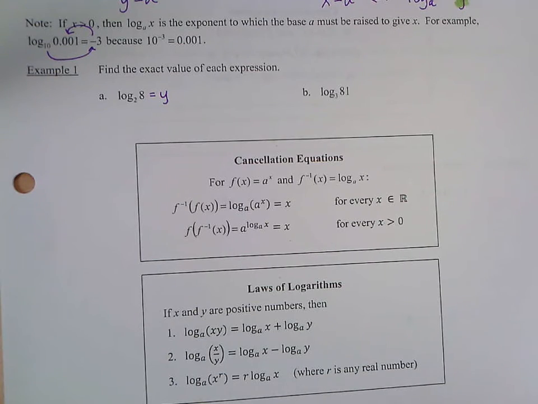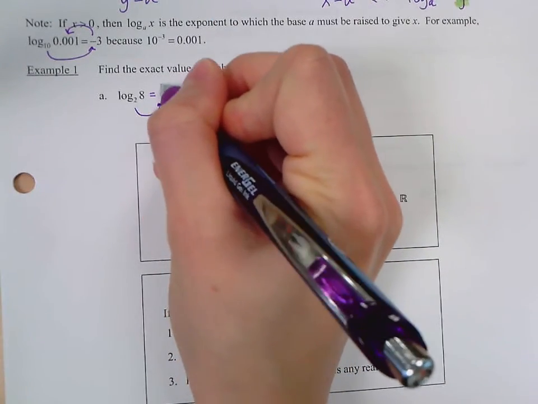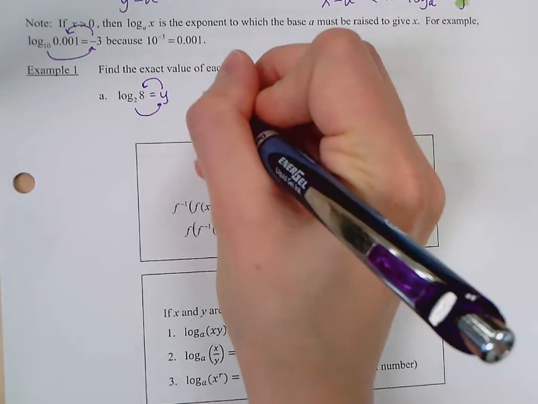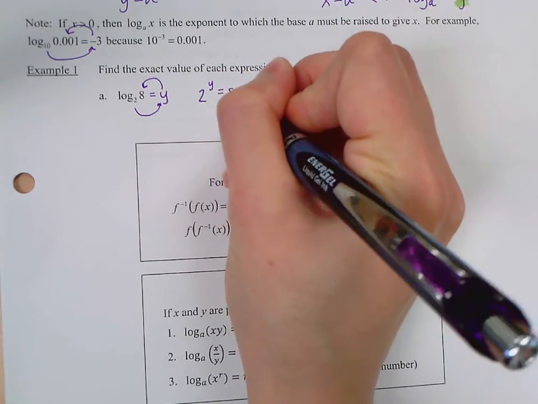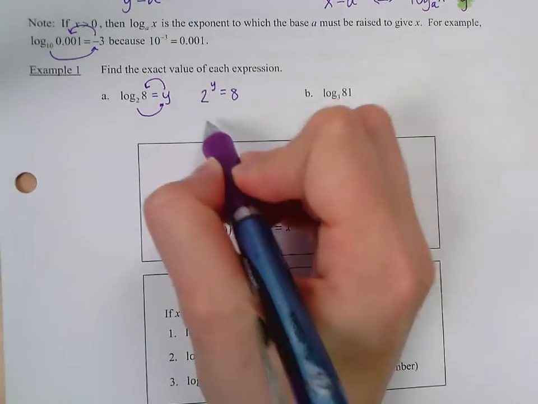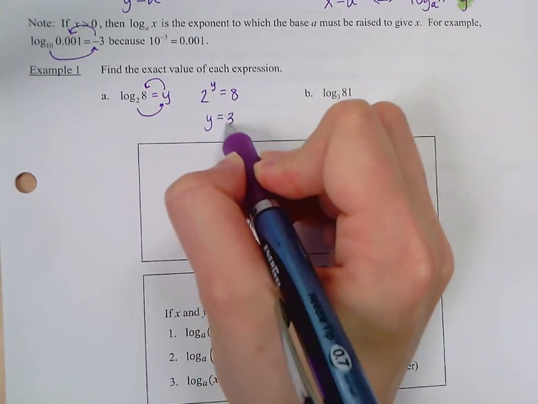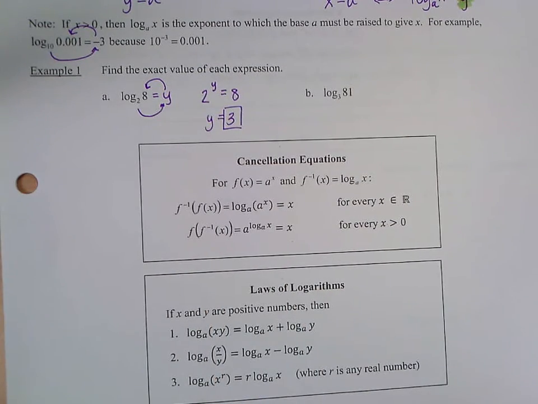If I wanted to set this up as an exponential equation, I would have 2 to the power of y should equal 8. So I'm trying to figure out what power I raise 2 to get 8. So this log would equal 3. So log base 2 of 8 is 3 because 2 to the third power is 8.